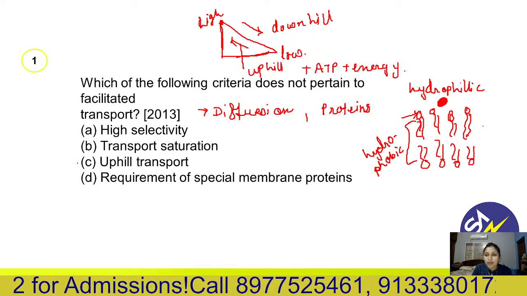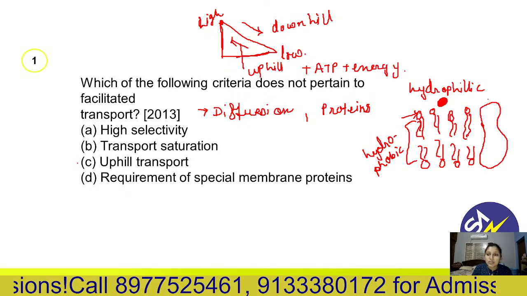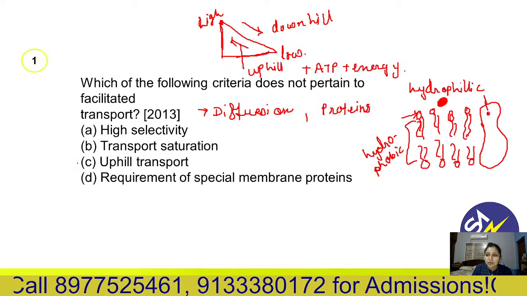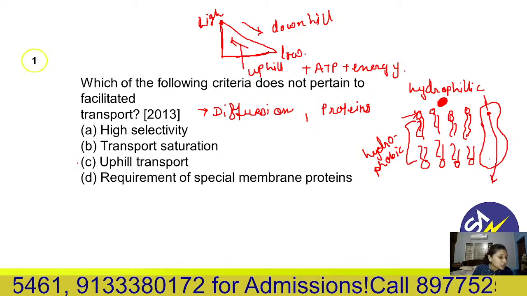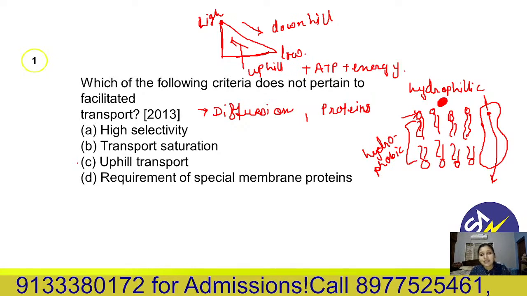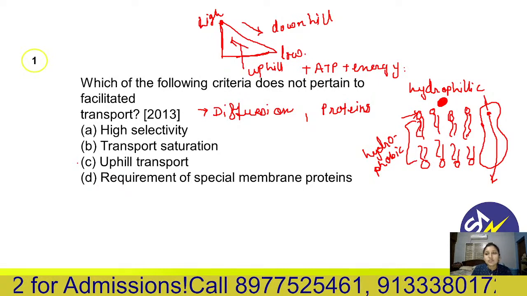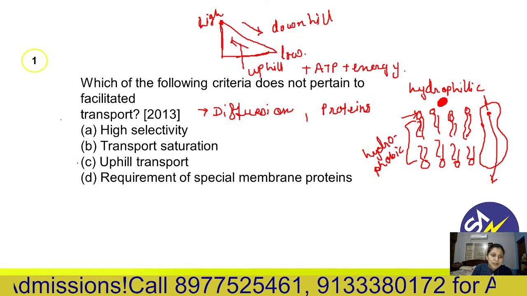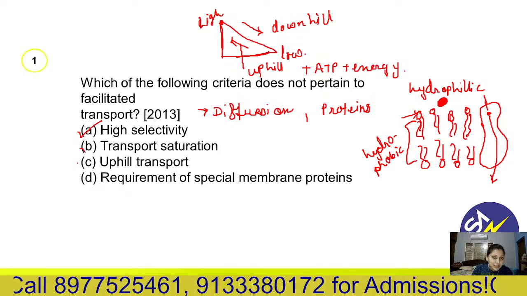So it requires help from a membrane protein, an integral protein. From that it can be transported. This protein can make a channel into it, or it can twist and turn and then transfer the substance. So this is why proteins are involved here. Proteins are very specific, so yes, it's highly selective and the transport also gets saturated.